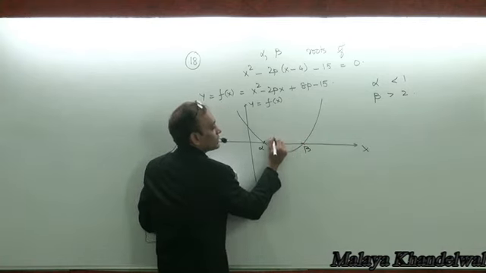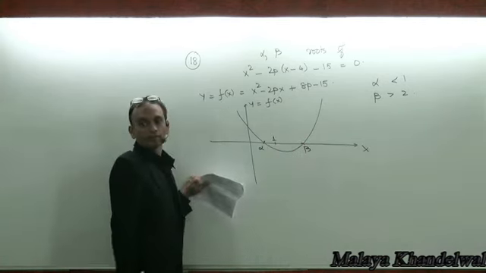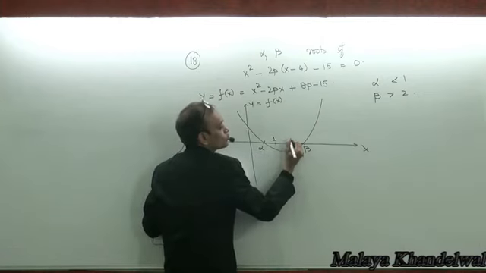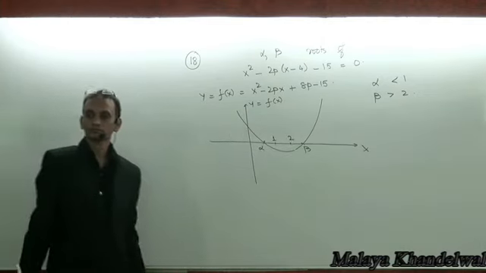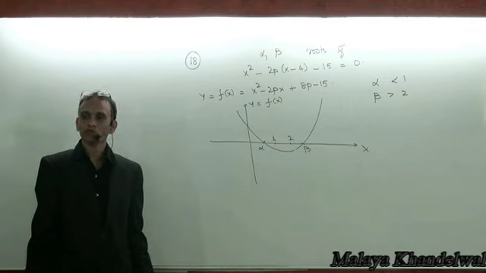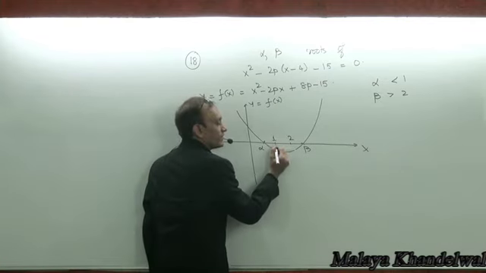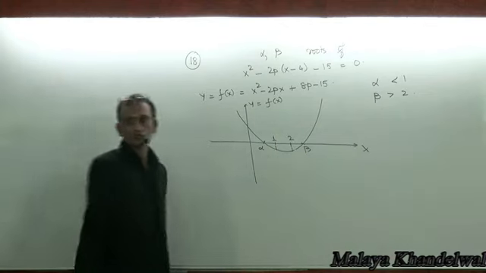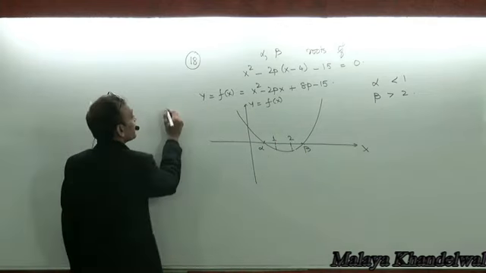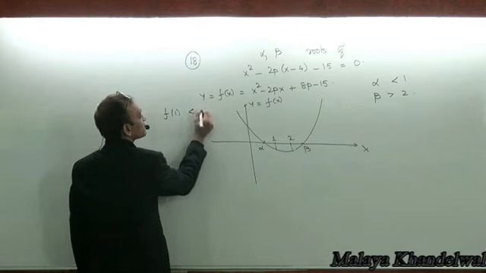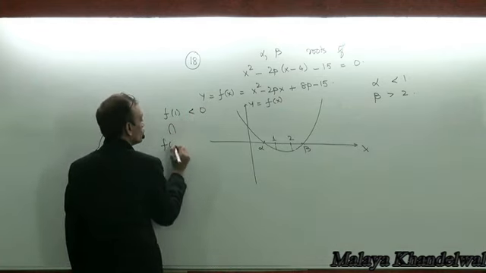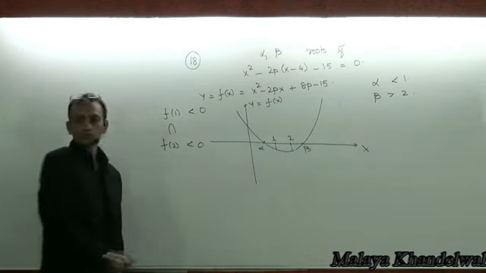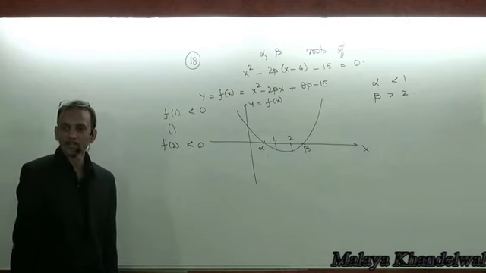Alpha must be smaller than 1, so 1 must lie somewhere here. And beta must be larger than 2, so 2 must lie somewhere here. So will it not suffice? The value of the function at x equal to 1 is negative. The value of the function at x equal to 2 must be negative. That means f(1) must be less than 0 and f(2) must also be less than 0. These are the two conditions that will suffice, right?